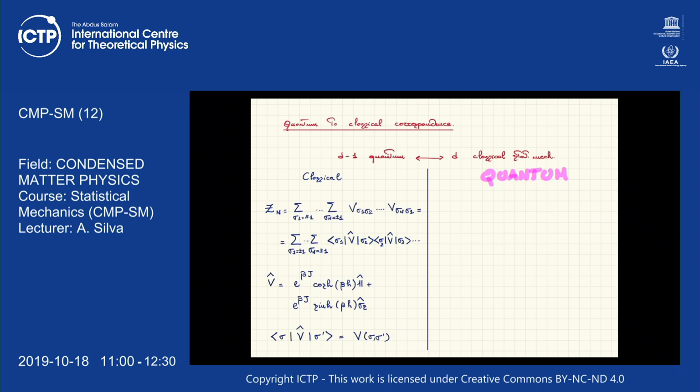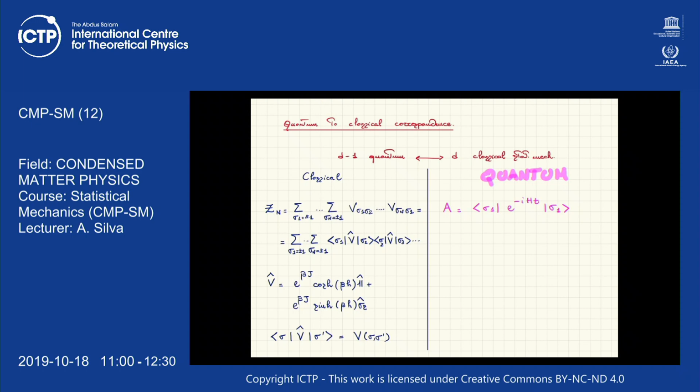Quantum mechanics, let me use purple for quantum mechanics. So in quantum mechanics, you're taught that if I'm given a Hamiltonian and I want to compute this amplitude, for example, I start with the state sigma 1, I time evolve it, and I want to see how much the state survives.